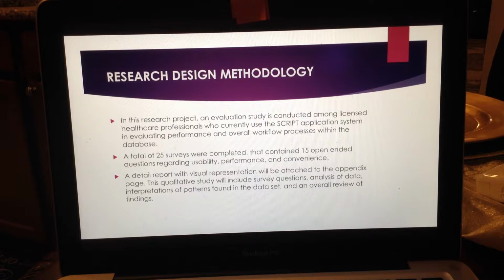Since I currently do not live in South Carolina, that was a limitation for this project, since I did not have direct access to the SCRIPTS application, and I did not work directly with individuals who use the system.